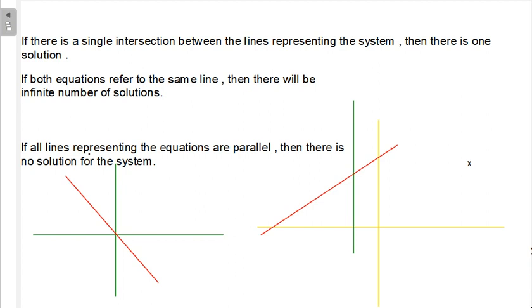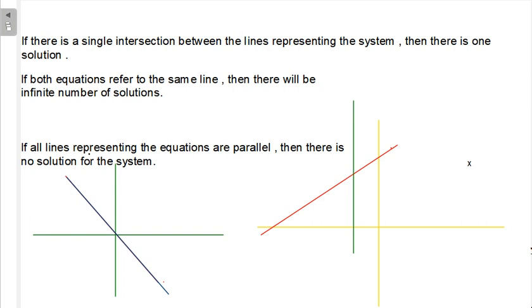The other equation in the same system is also y equals x. And if there is another equation that is representing the same line, in this case both equations are representing the same line, then there is an infinite number of solutions for the system.